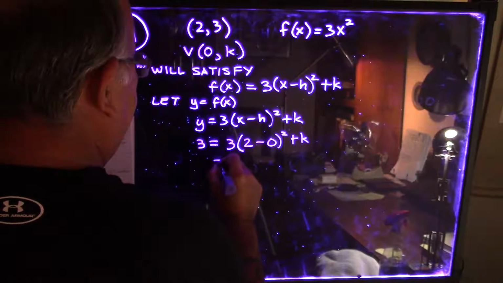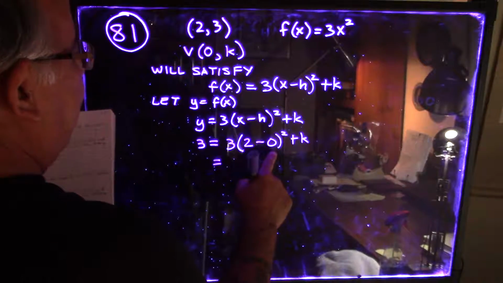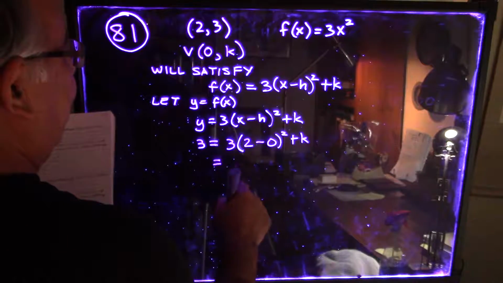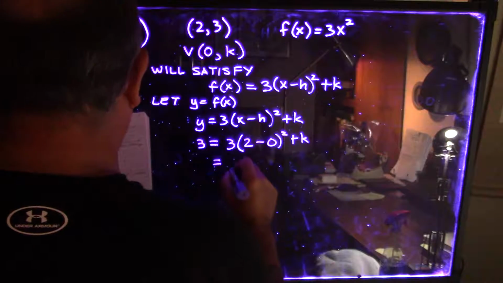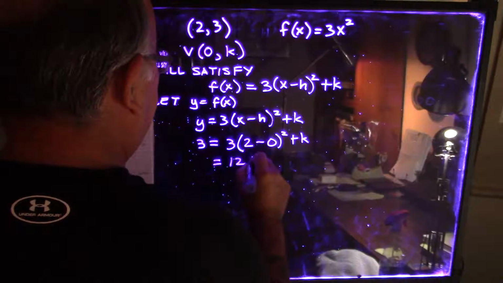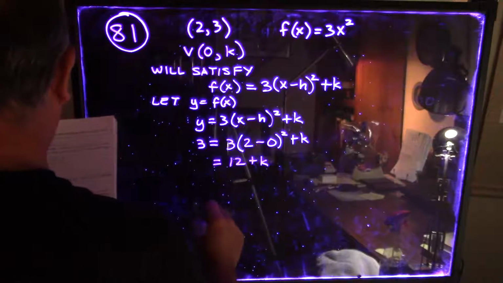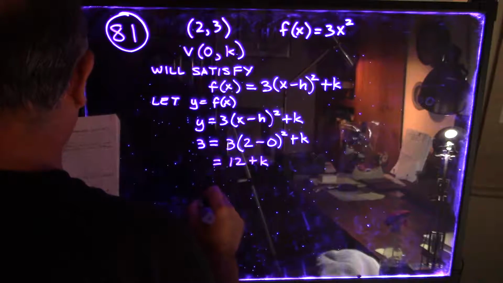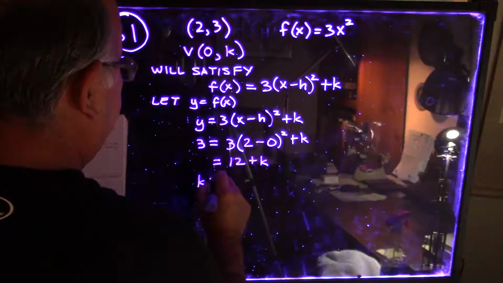And so 2 minus 0 squared is 4, times 3 is 12, so 12 plus k, and then subtract 12 from both sides. So k is equal to negative 9.